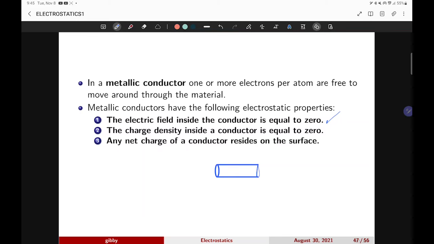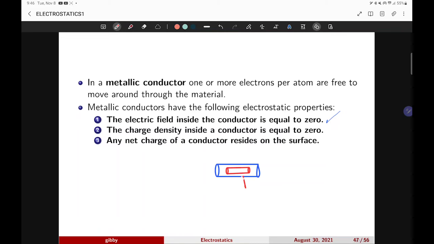Say you have a metallic conductor, and you have your Gaussian surface inside the metallic conductor.